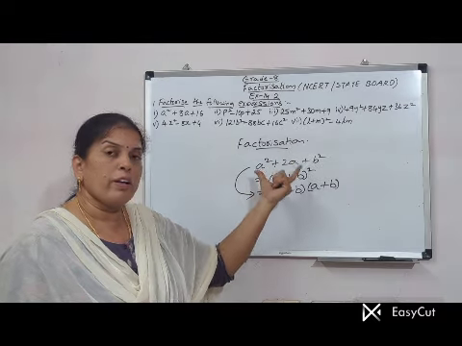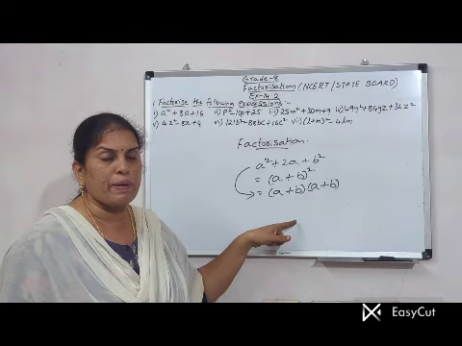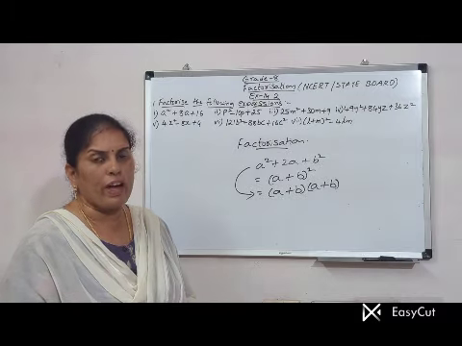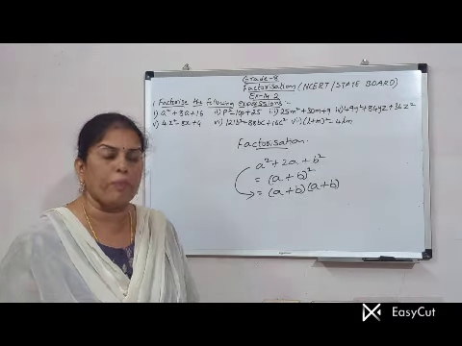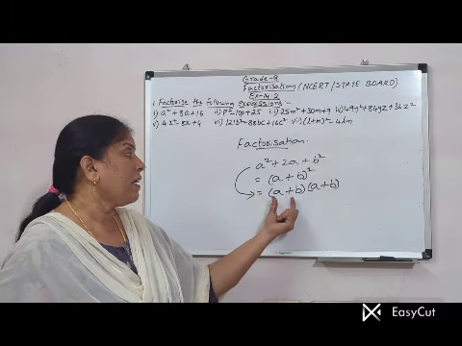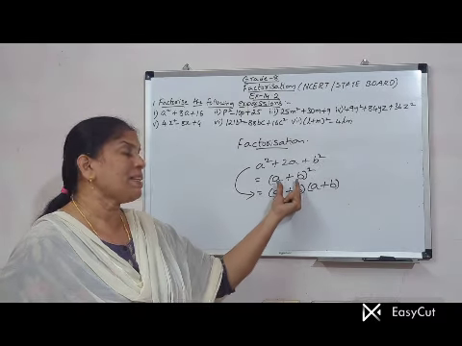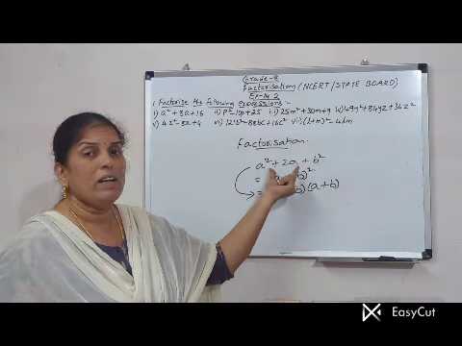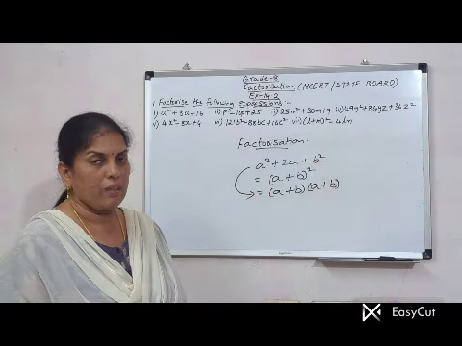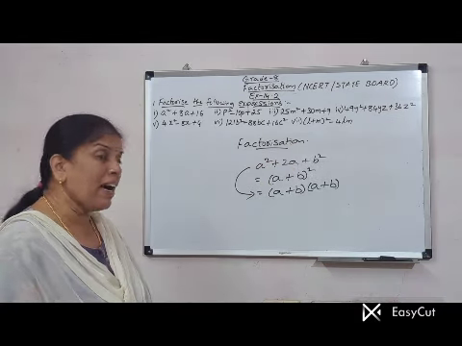If a polynomial or an algebraic expression is divided into a product of any two factors or any other components, then we will call it factorization. Here a plus b and a plus b are the factors of a square plus 2ab plus b square. Understood?